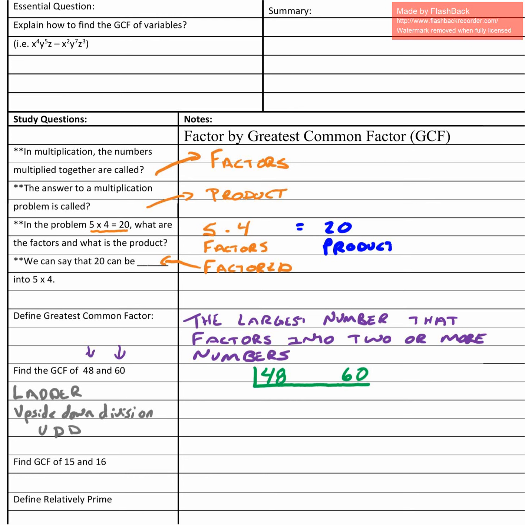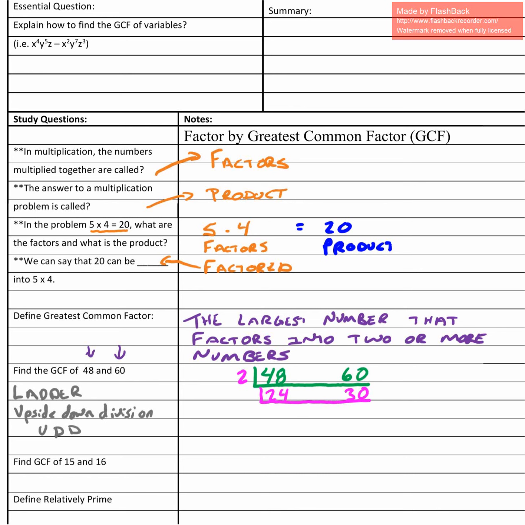For our first step, we're going to figure out what number goes into both. A hint that I want to give you, because some of us can't easily see the GCF of the 2 numbers: if you have 2 even numbers like 48 and 60, which end in 0, 2, 4, 6, or 8, you can always factor out a 2. So I'm going to put a 2 here. 48 divided by 2 gives us 24, and 60 divided by 2 gives us 30.